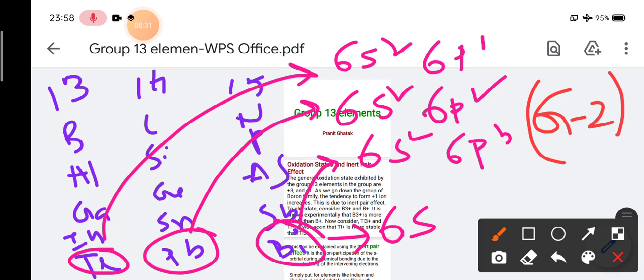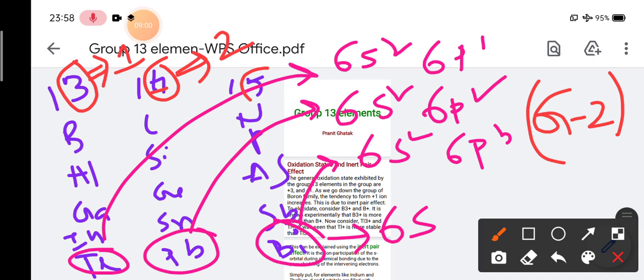That is, in the case of group number 13, thallium should have an oxidation state of +3, but it shows G-2, that is 3 minus 2, that is 1. Thallium is showing 1. In the case of lead, the group number is 14, so the last number is 4, so the oxidation state of lead should be 4, but with G-2, that is 4 minus 2, it will be +2.